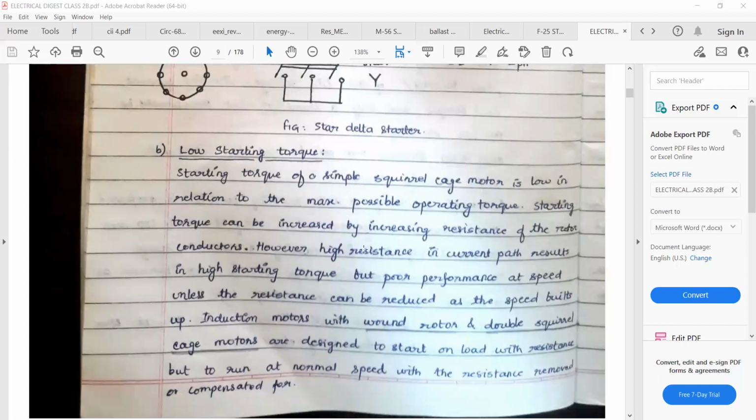However, high resistance in the current path results in high starting torque, but poor performance at speed unless the resistance can be reduced as the speed builds up. Induction motors with wound rotor and double squirrel cage rotor are designed to start on load with the resistance, but to run at normal speed with the resistance removed.